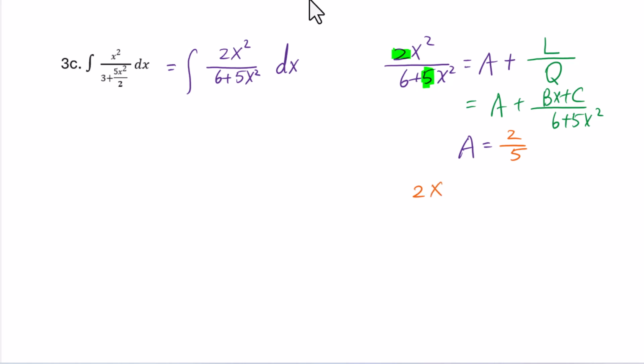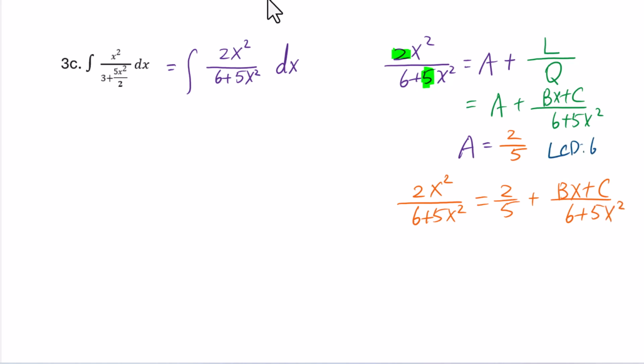So 2x squared over 6 plus 5x squared equals 2 over 5 plus bx plus c over 6 plus 5x squared. LCD 6 plus 5x squared, both sides times LCD: 2x squared equals 2 over 5 times (6 plus 5x squared) plus bx plus c.